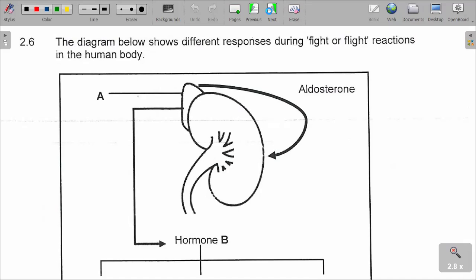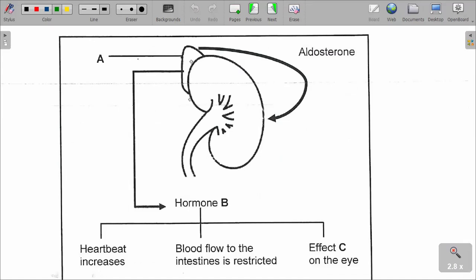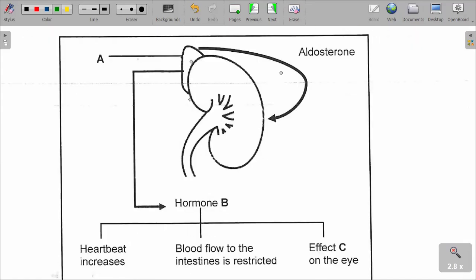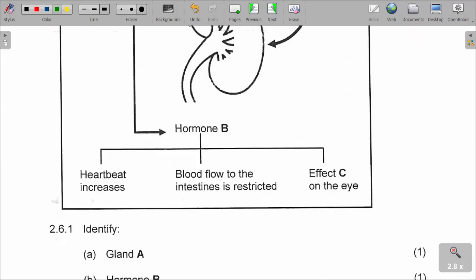This has to do with a hormone that we need to identify and relate very well.